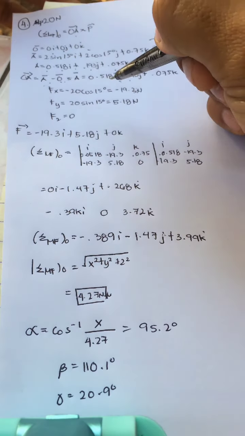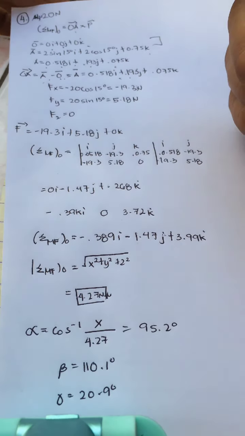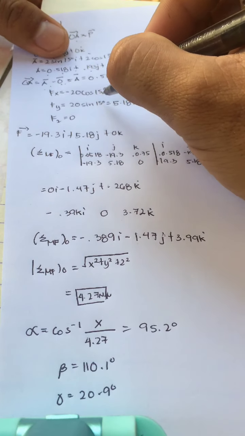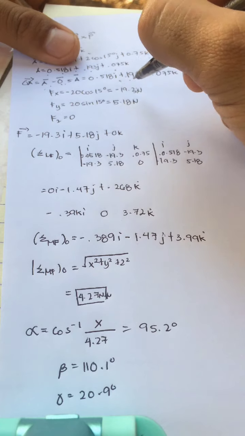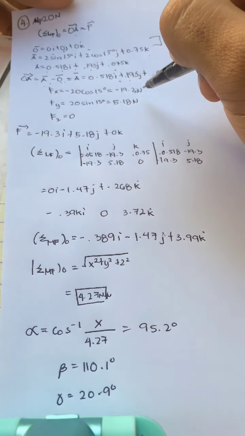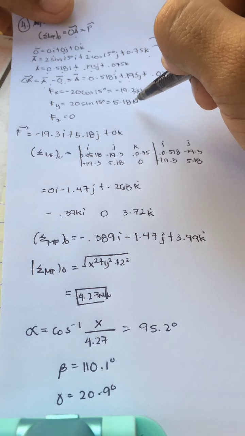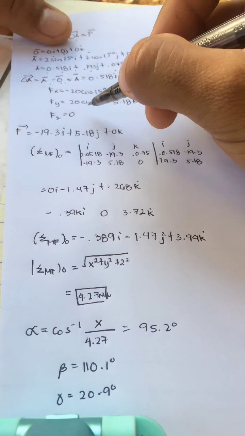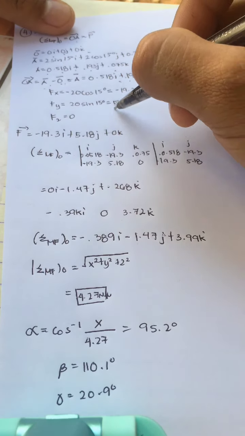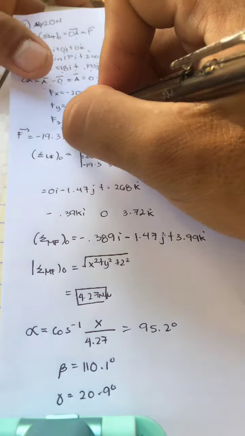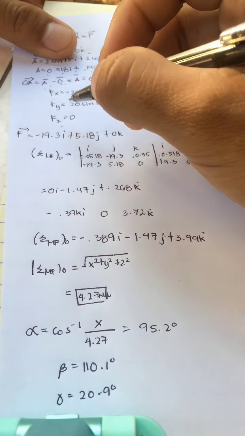Next, Fx is equal to negative 20 cos 15 degrees. Evaluated, this is negative 19.3 Newtons. Then Fy is equal to 20 sin 15 degrees, which is equal to 5.18 Newtons. And Fz is equal to 0.